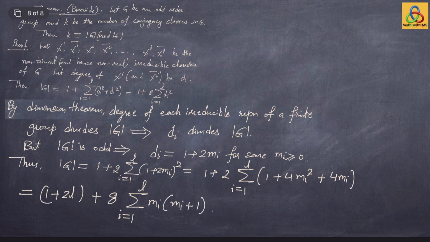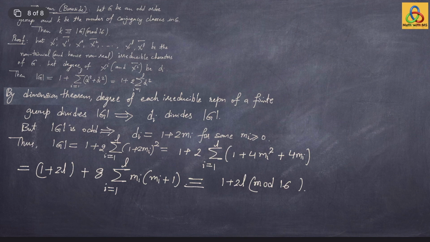If m_i is even, then m_i plus 1 is odd, and if m_i is odd, then m_i plus 1 is even. Therefore this sum of m_i times (m_i plus 1) is always going to be even. So if you read mod 16, this vanishes. Therefore this is congruent to 1 plus 2L mod 16.